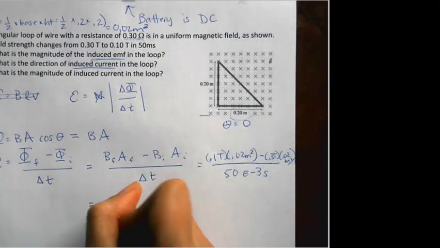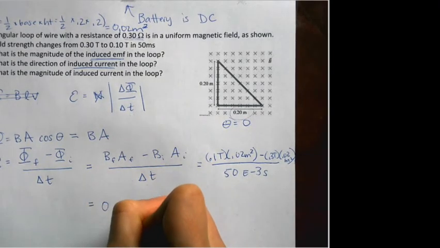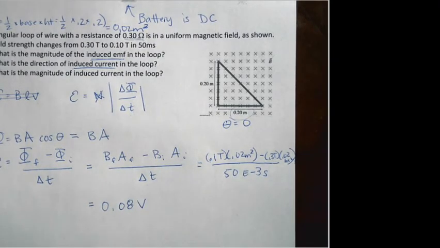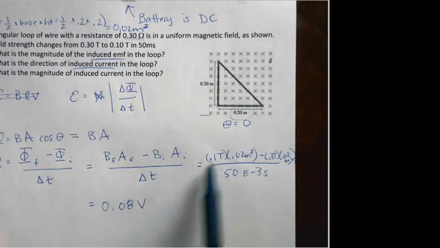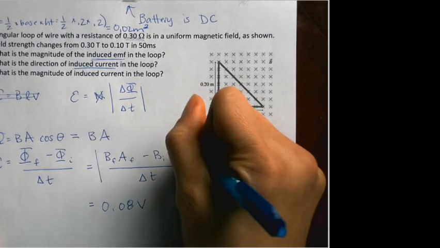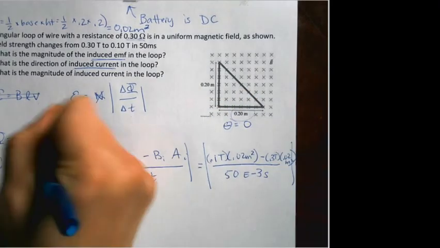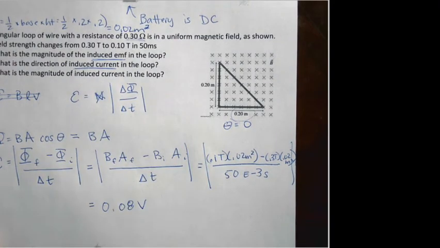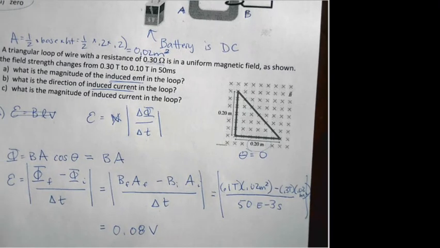And I have 0.08 volts that I have when I plug all of those things in. And I actually got a negative number here, but I took the absolute value. So I could put my absolute values all along here if I wanted. So it's 0.08 volts.